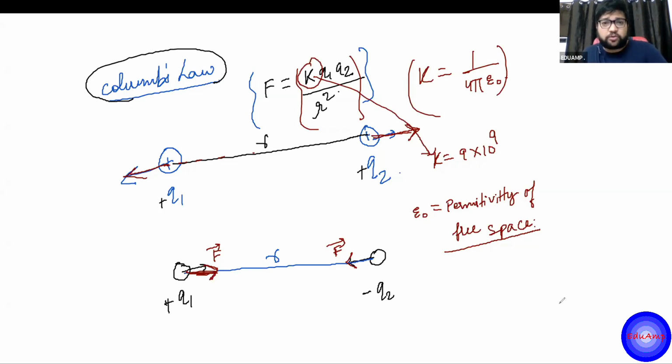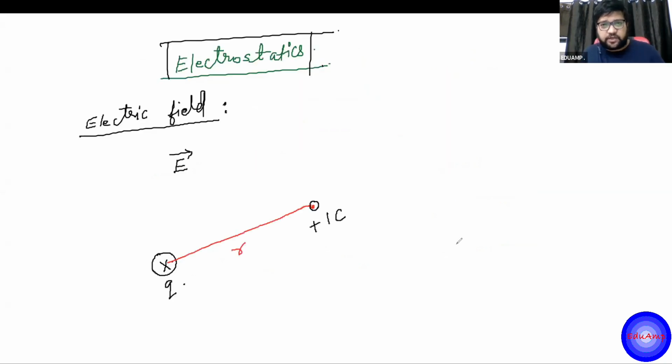Now we can find out the magnitude of forces between two charges. So coming back to the electric field, suppose this was the charge and you have to find the electric field at this point.